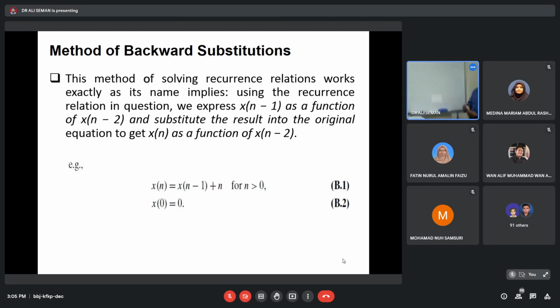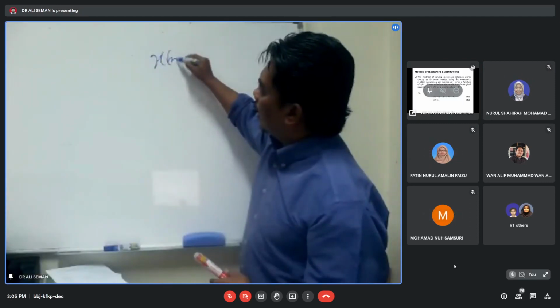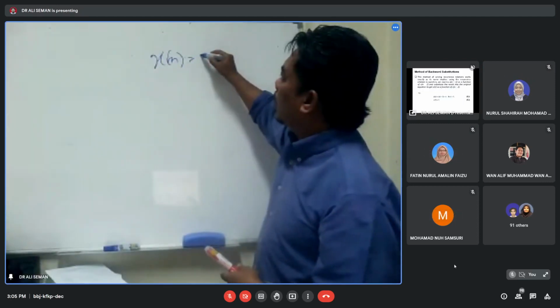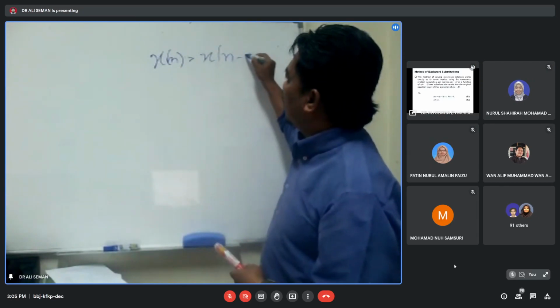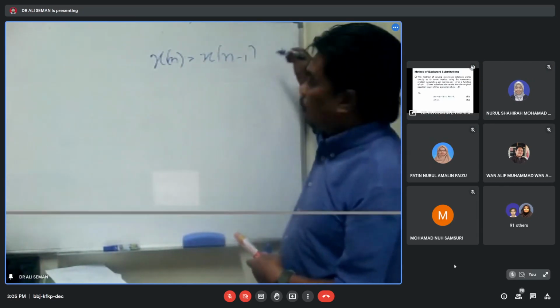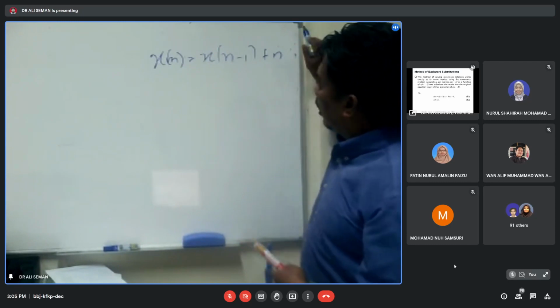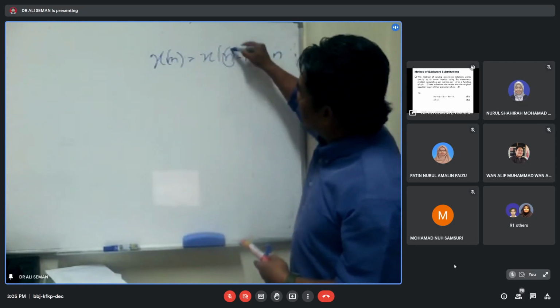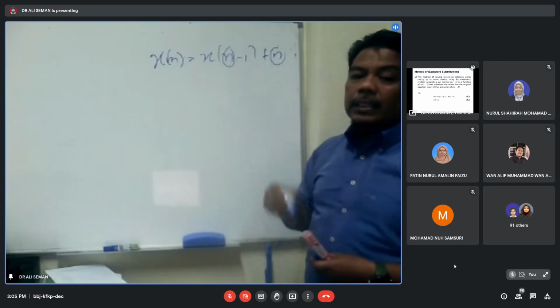Clear? Yeah. So we have this example, the function x of n equals x of n minus 1 plus n. Now this is a recurrent, right? Now we need to substitute the n here. That's called the back substitution method.